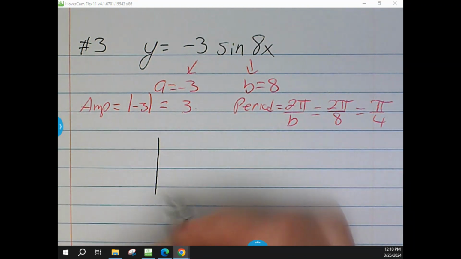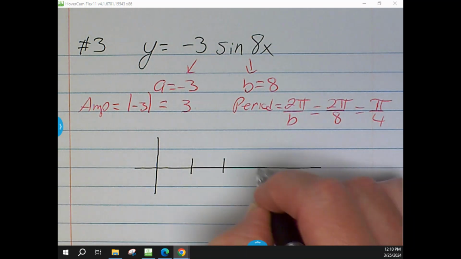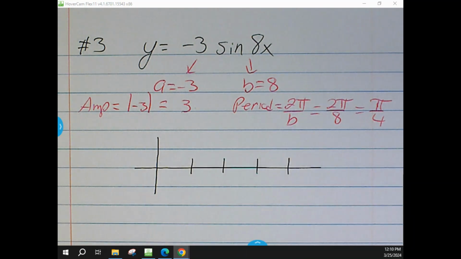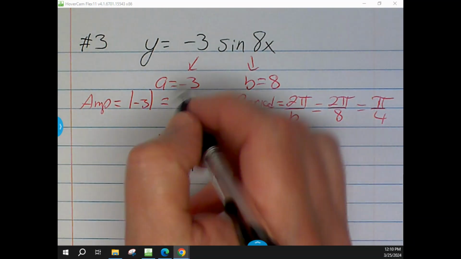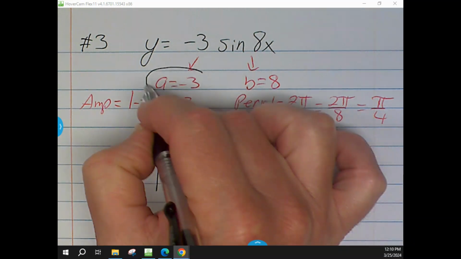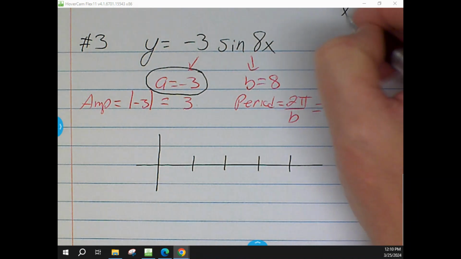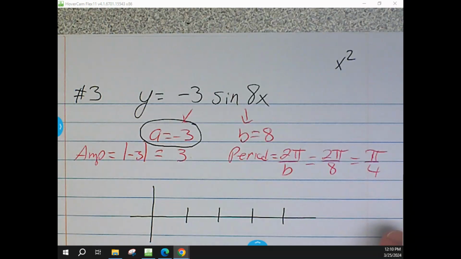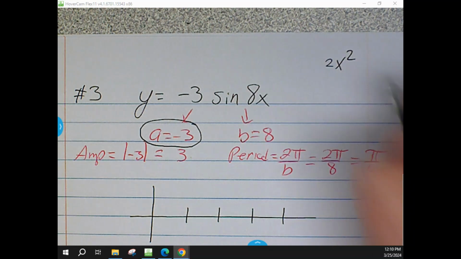Okay, so when we graph this, here's the only time the graphs won't look the same. And here's why the graph will look different. If your a value is negative, y'all remember when we did graph x squared? If we put a number in front, like 2x squared, we knew the graph was going to go up like this.